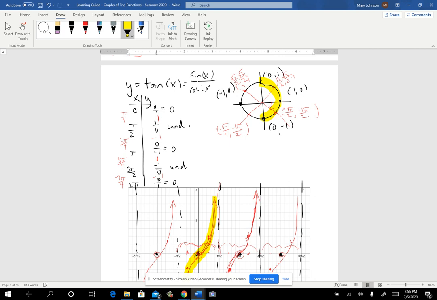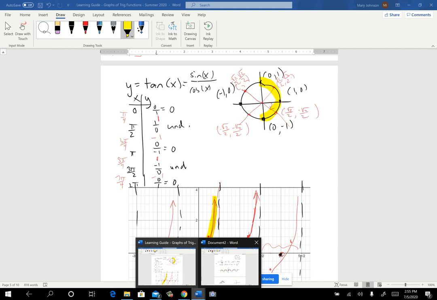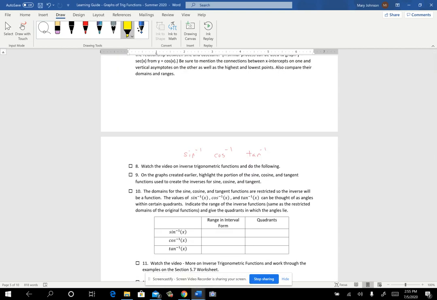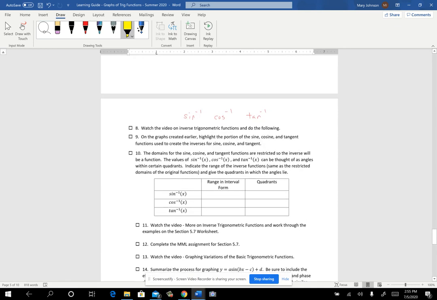All right, so let's go back to the learning guide. Down a little further where we're actually compiling this information. All right, so what we talked about is the inverse sine, inverse cosine, inverse tangent, those functions.